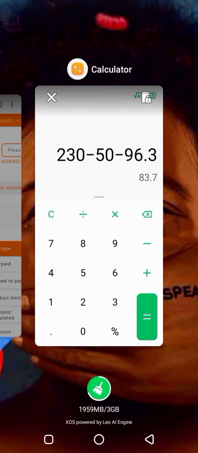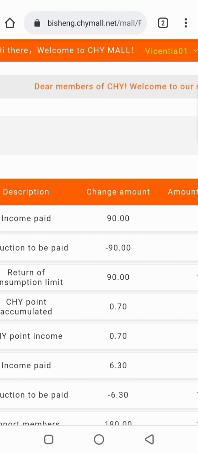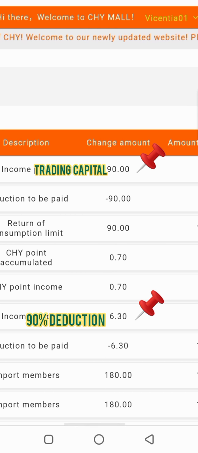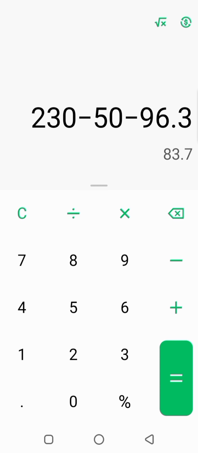My account was deducted by this 90, my trading 90, and then my profit of $7, from which the company deducted 90%, which is 6.3. So that was 96.3. So you can see that it's left with 83.7. 230 minus the 50 CHY points that was deducted, and then what I have actually paid is 96.3, so it's now left with 83.7 points for me to pay.